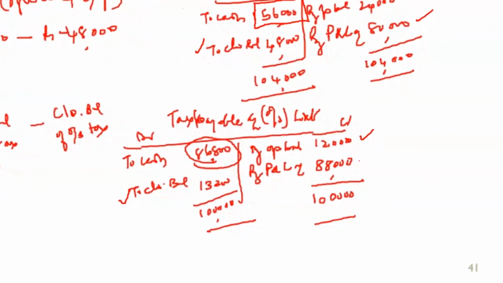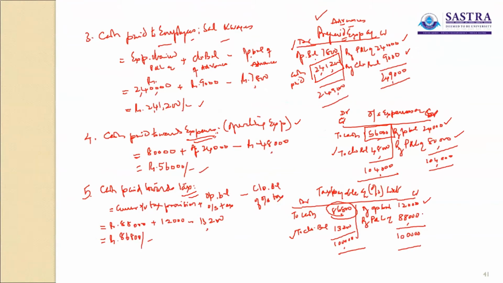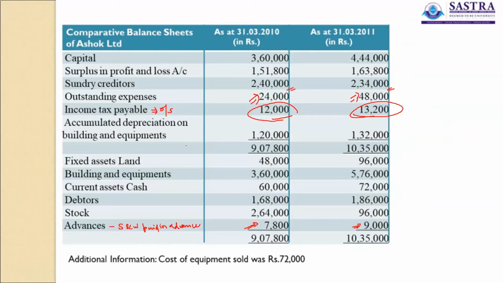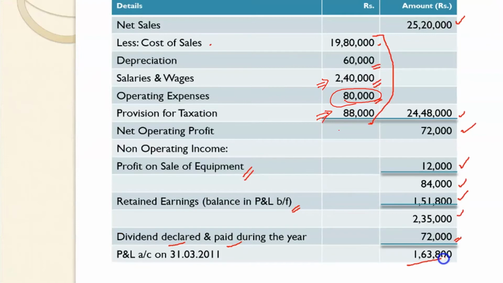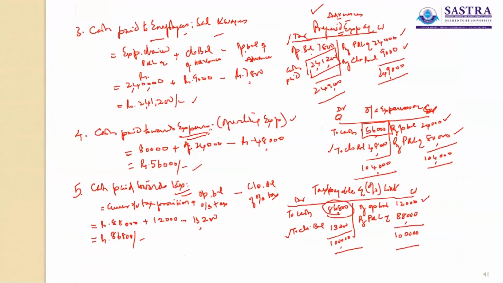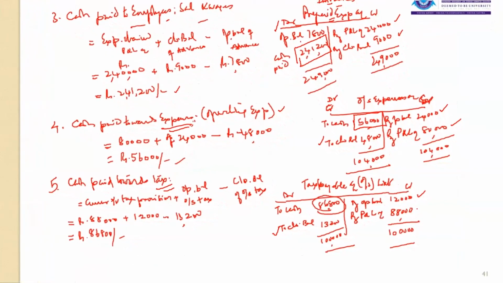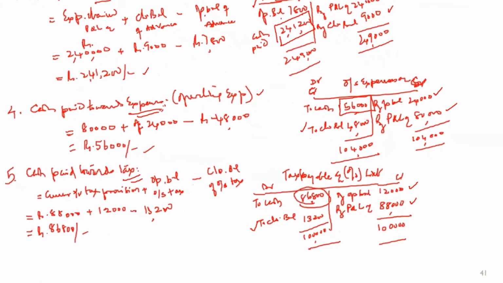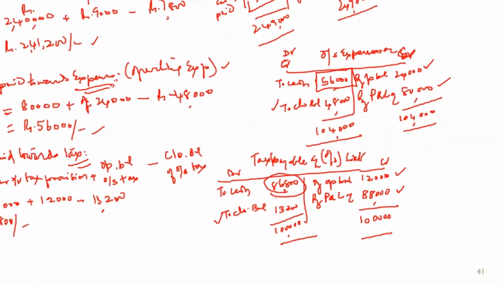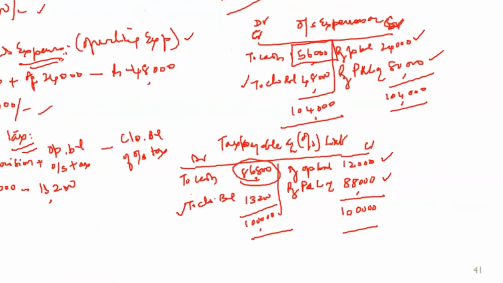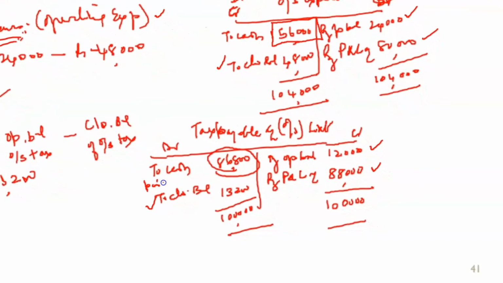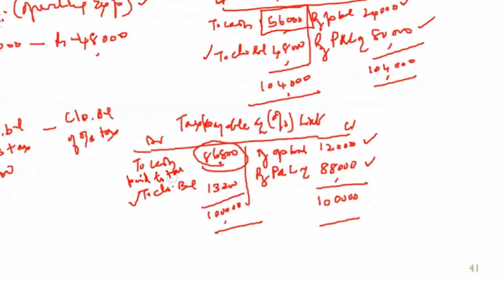And the current year tax expenses or provision should be credited here by P&L. And by closing the ledger, we can calculate cash paid to tax.